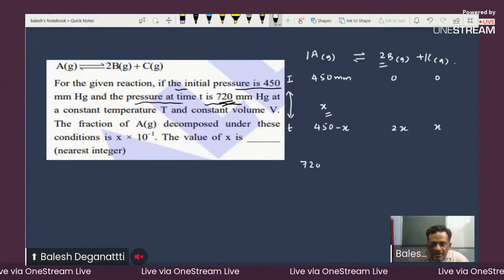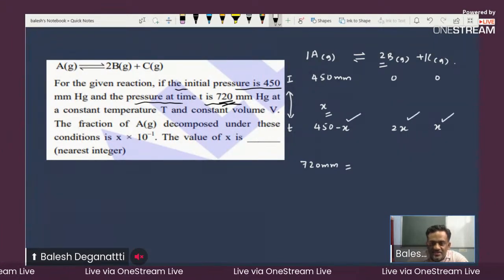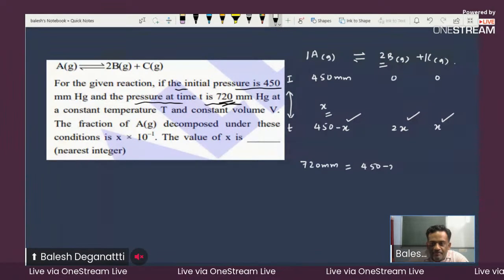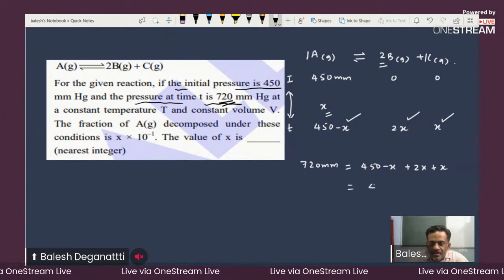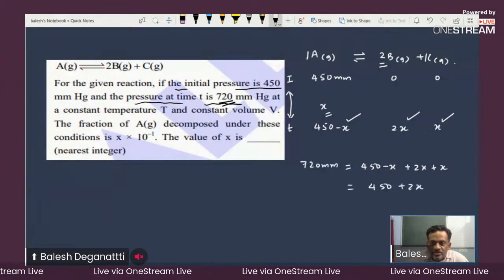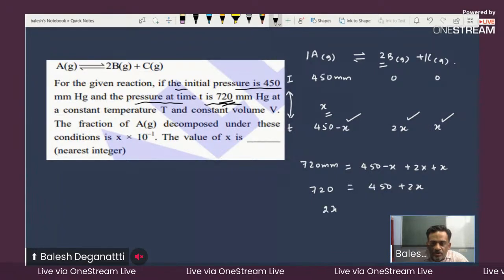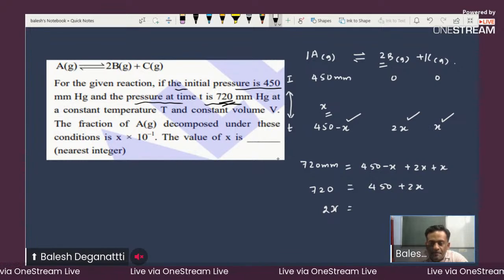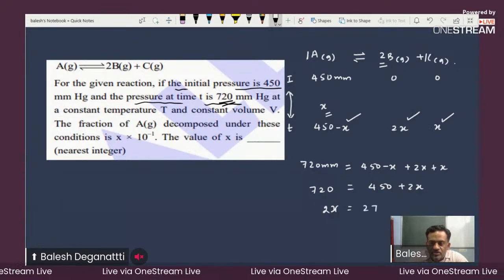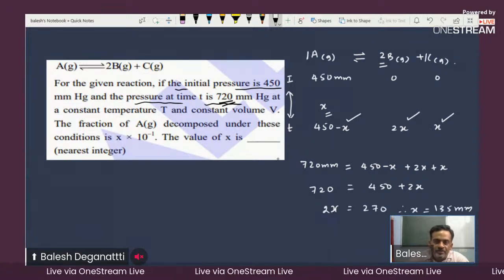So 720 mm is the pressure due to A as well as B as well as C. So therefore 720 mm is nothing but 450 minus x plus 2x plus x. So that is 450 plus 2x on the right hand side is equal to 720. So 2x is equal to 720 minus 450. That would be 270. So therefore x is equal to 135 mm, right?